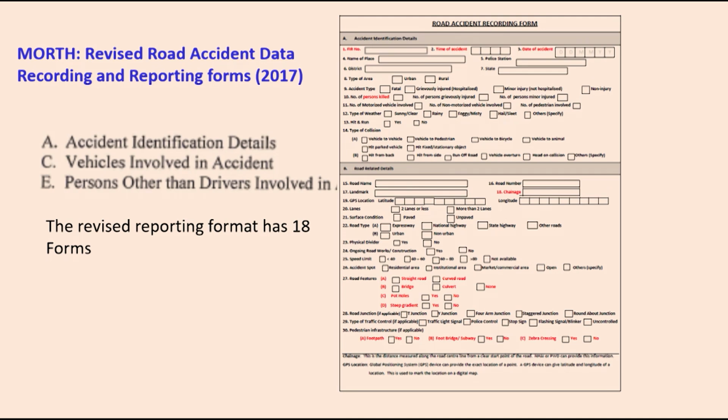Even whether construction work is going on or not, speed limit, in which area the accident happened, whether it was a residential area, market area or open area, then type of road feature, whether it was a straight road, curve, bridge, culvert, all those details get added here. Then what kind of pedestrian infrastructure was available if a pedestrian was part of the accident, whether the pedestrian was a victim, and whether we had enough pedestrian facilities or not, that will get recorded here.